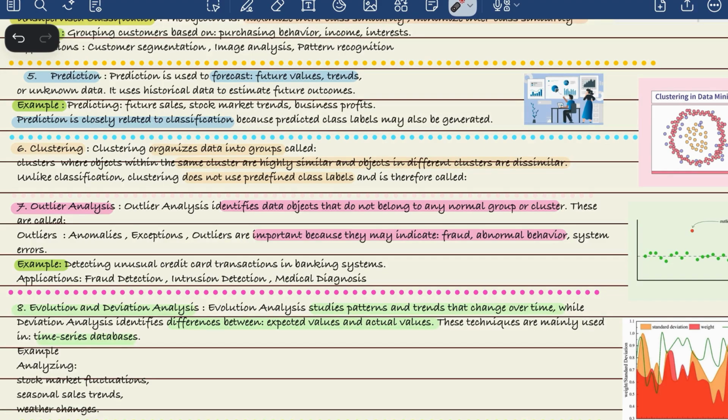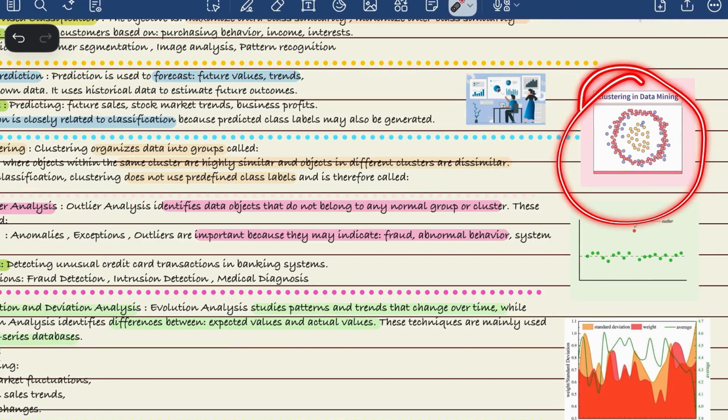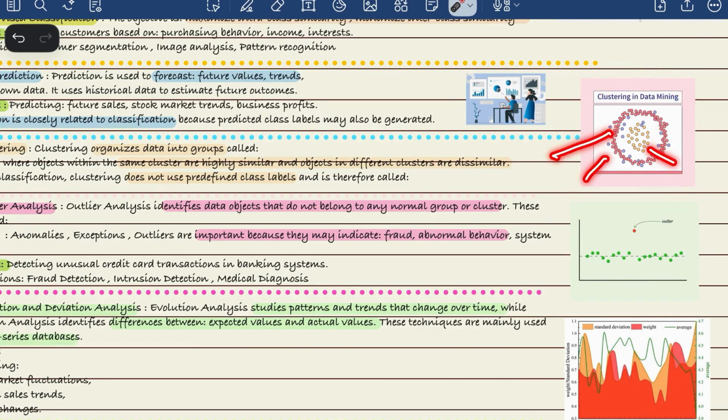What happens over here is that based on the pattern, we are creating clusters. For example, considering a streaming app you have, you are creating clusters based on the behavior of the user. Like there are three groups of clusters you see. One is pink, one is purple and one is yellow.